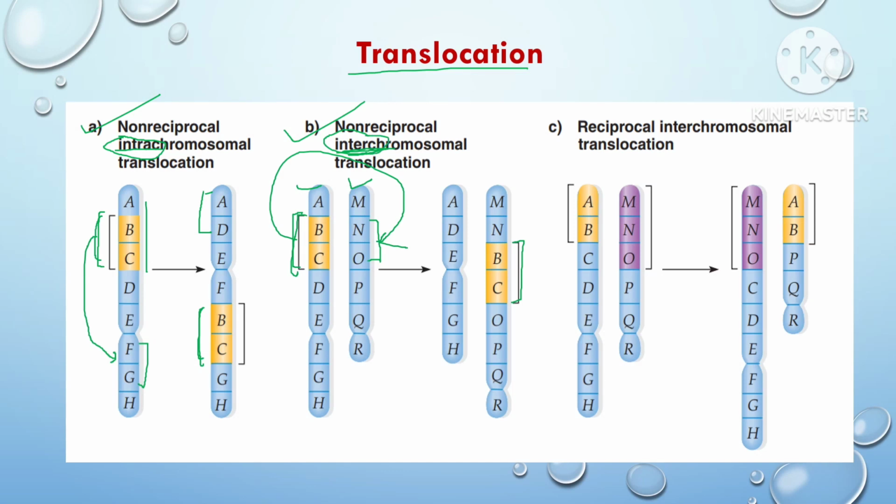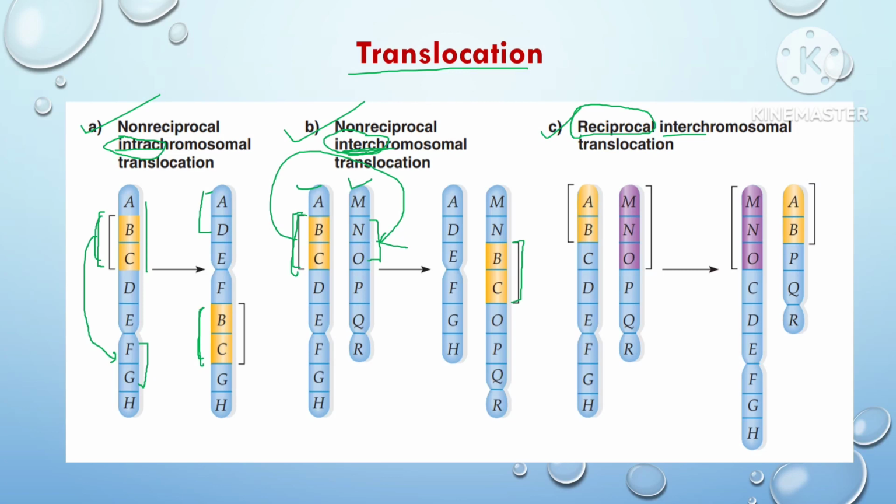So now the third type is reciprocal interchromosomal translocation. This term reciprocal means like if you give me something, I have to give you something. And interchromosomal means between the chromosomes.